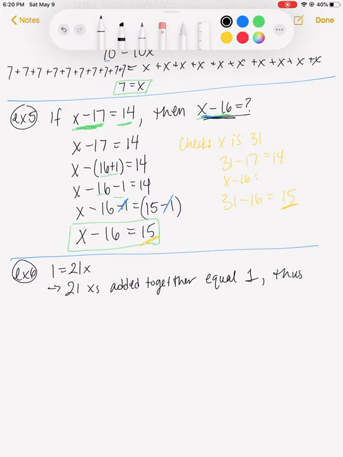Thus, just one of those is 1 over 21. Okay, because it's the definition of fractions. Unit fraction 1 over b is b copies of it make the whole. Okay, so if you remember from 2010. So that means that we can deduce that x is equal to 1/21.